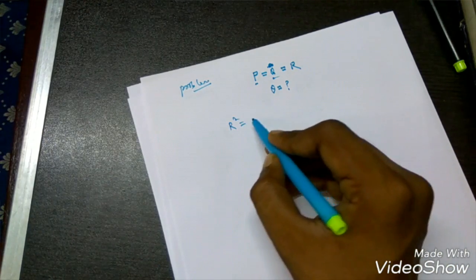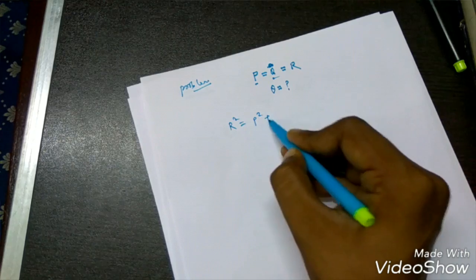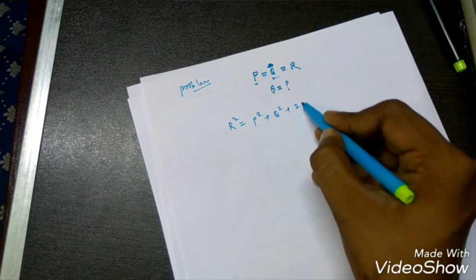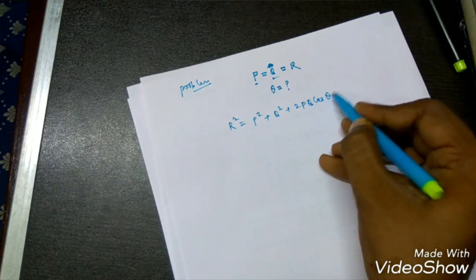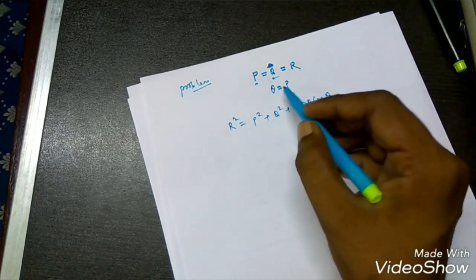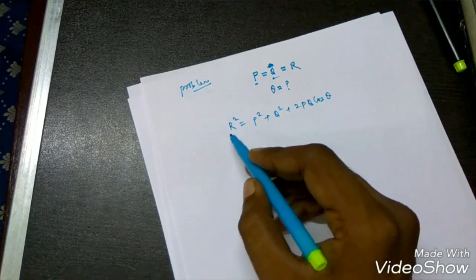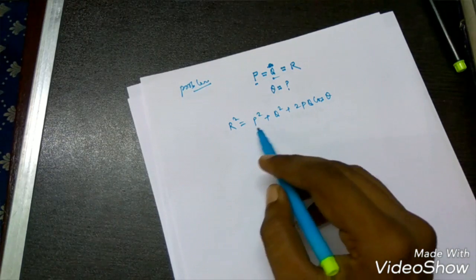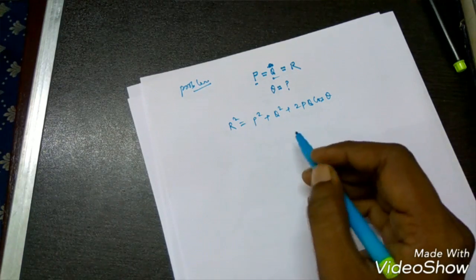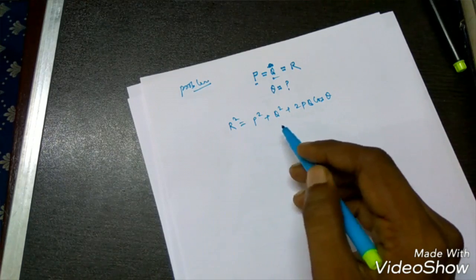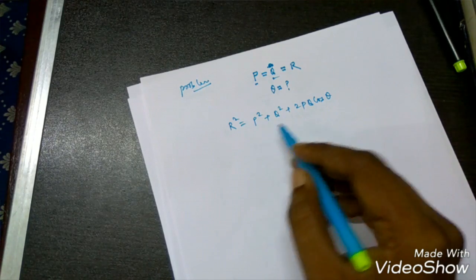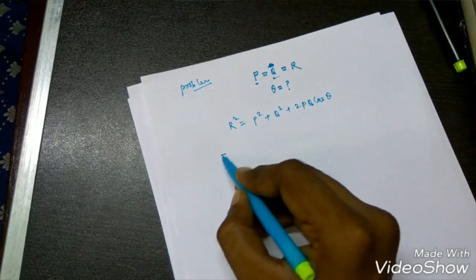Okay, so let us start. First we will write the formula R square is equal to P square plus Q square plus 2PQ cos theta. Now we know very well that P is equal to Q is equal to R. So we are putting the same value.